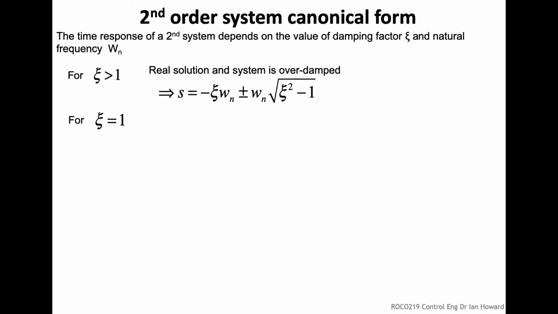When zeta equals 1, then we get an interesting effect, because what was in this square root before basically goes to 0, right? So we end up losing that term altogether, and S equals minus zeta omega n.